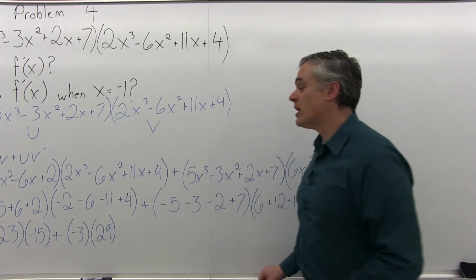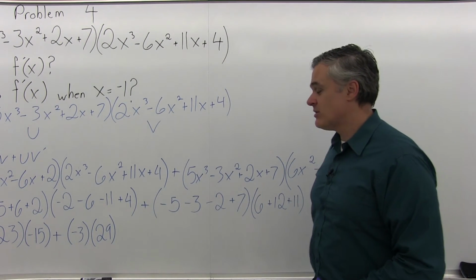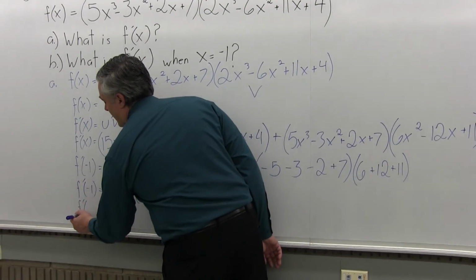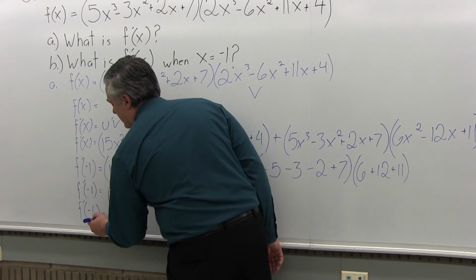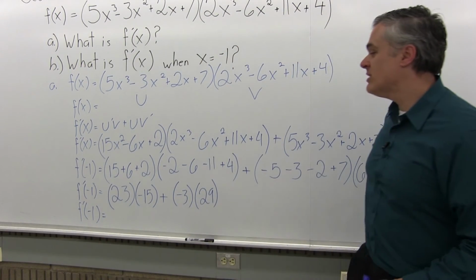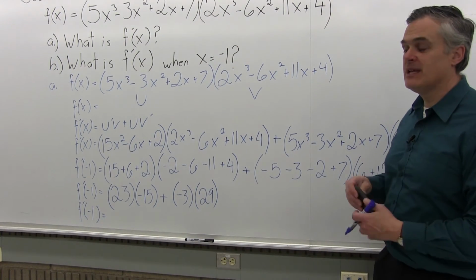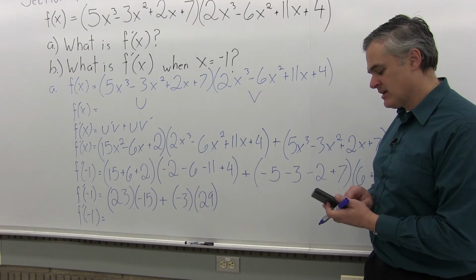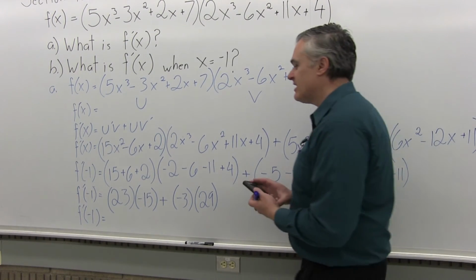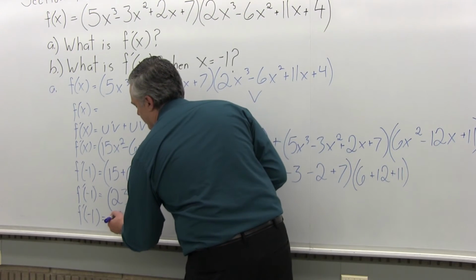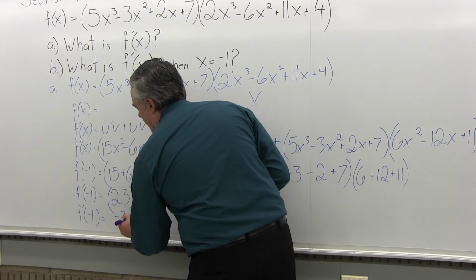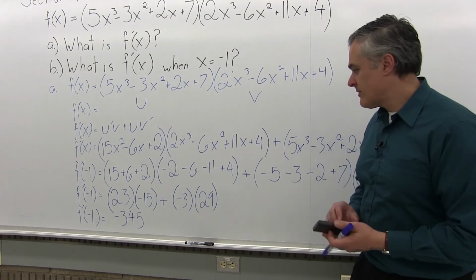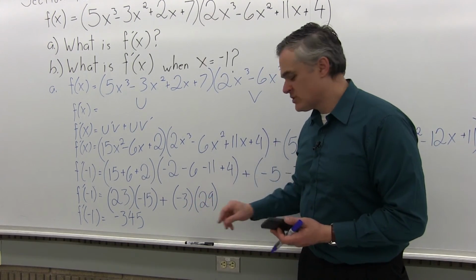So it's gotten better. So now I can multiply a couple of things. I'll have f prime of negative 1 equals 23 times negative 15. I'll use a calculator to help me out with this one. 23 times negative 15 is negative 345. And then I have negative 3 times 29.